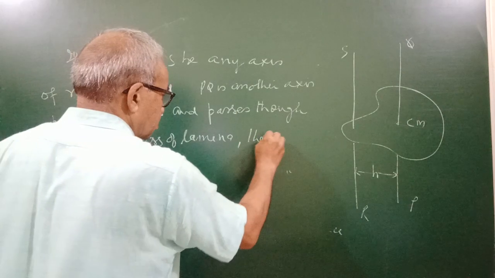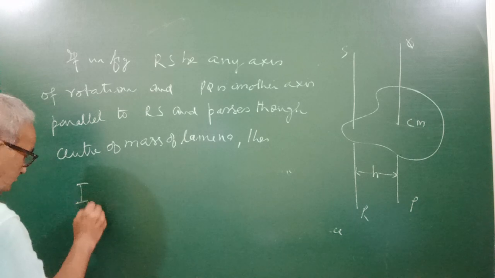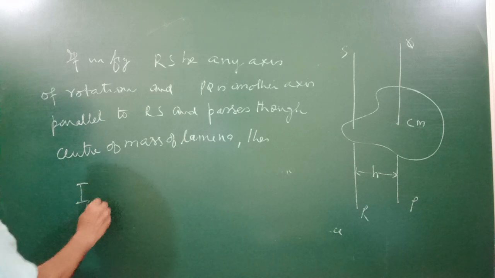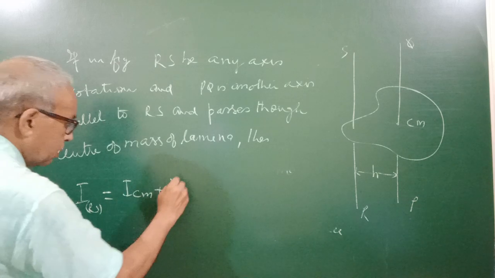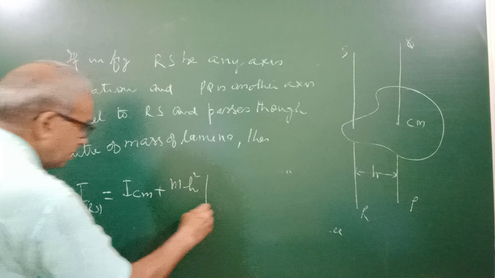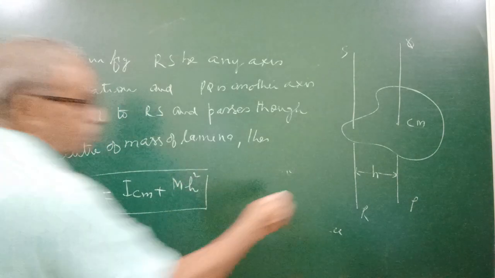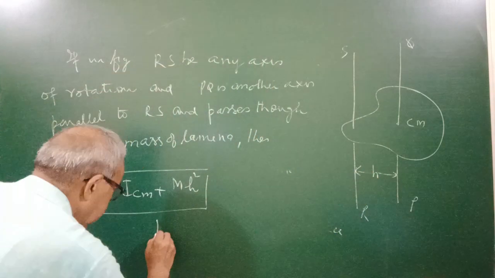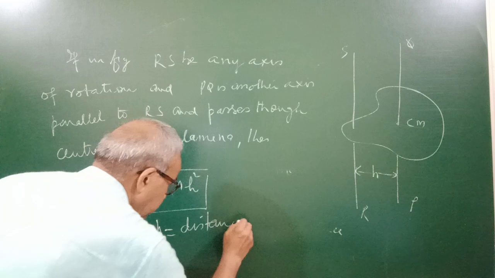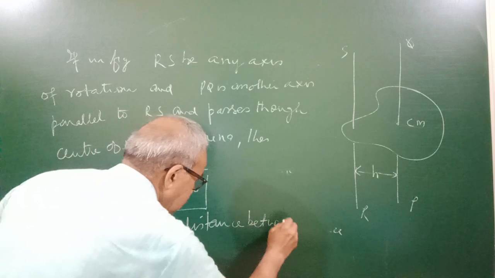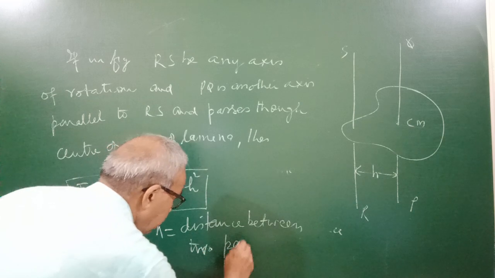Then I about RS is equal to ICM plus MH square, where H is the distance between the two parallel axes.